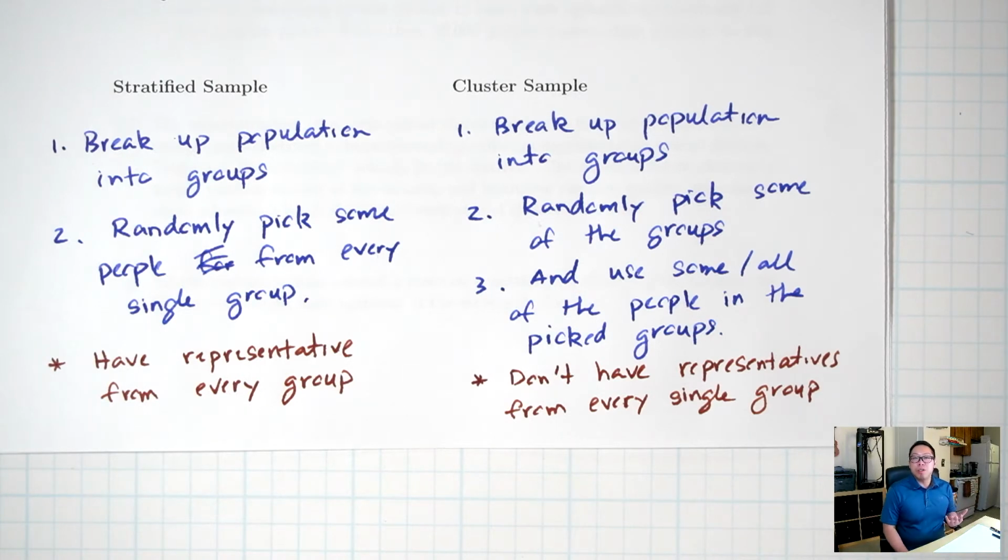What I could do is break up my population into 5 parking lots, randomly choose 2 of those parking lots and then just collect my data from those 2 parking lots. And then I'm disregarding the other parking lots. That's okay because I don't expect there to be differences in the parking lots. So it's okay that I'm not including data from the other parking lots in my study.